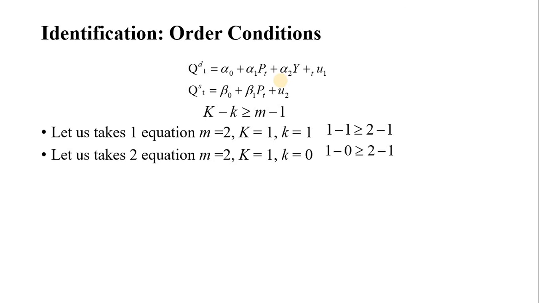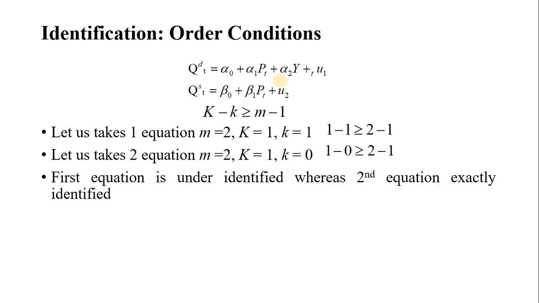So 1 minus 0 greater than or equal to 2 minus 1. 1 minus 0 is 1, and 2 minus 1 is 1. So in this case, the first equation is under identified, but the second equation is exactly identified. Is it okay? Yes.